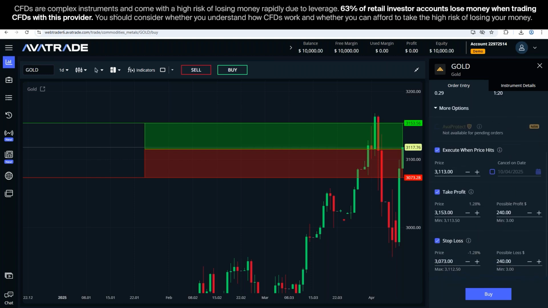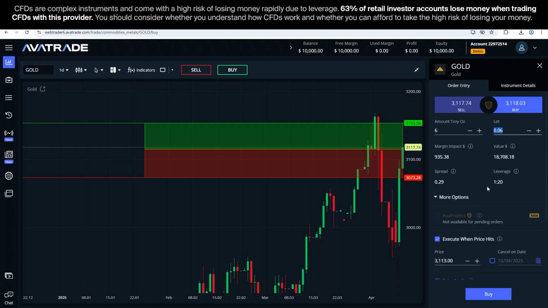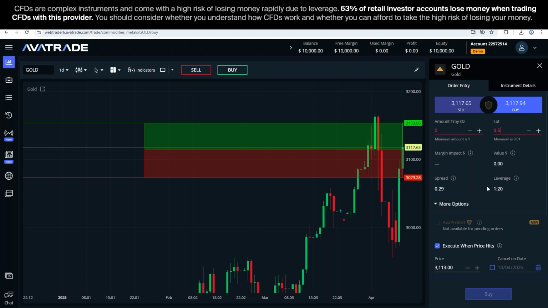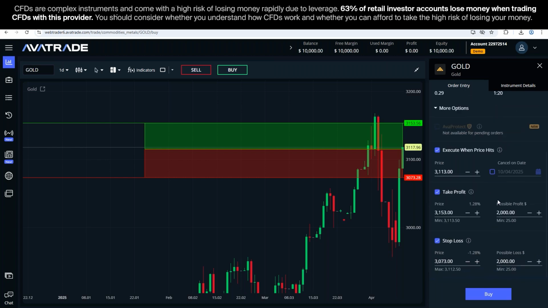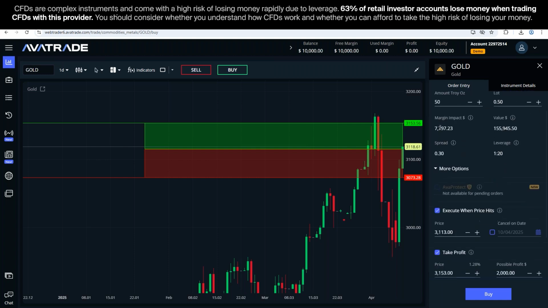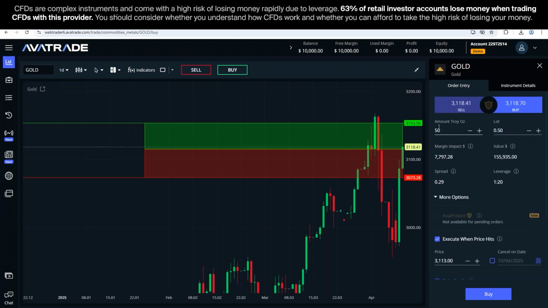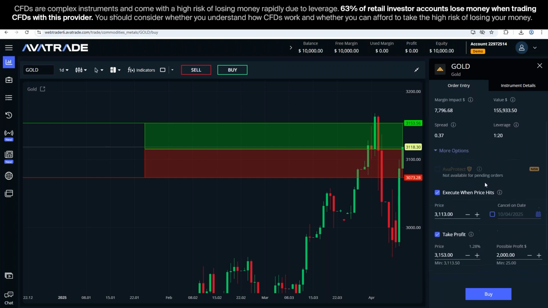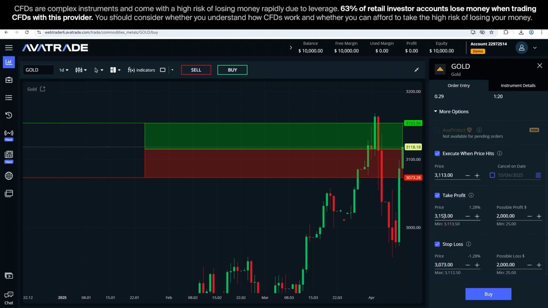So for instance, if we choose to extend and go with maybe 0.5, we can now see that the possible profit and loss has increased to 2,000. And how does that work? Well, since we have 0.5 lots, we have 50 ounces since we're trading gold, multiplied by a price difference of 40.